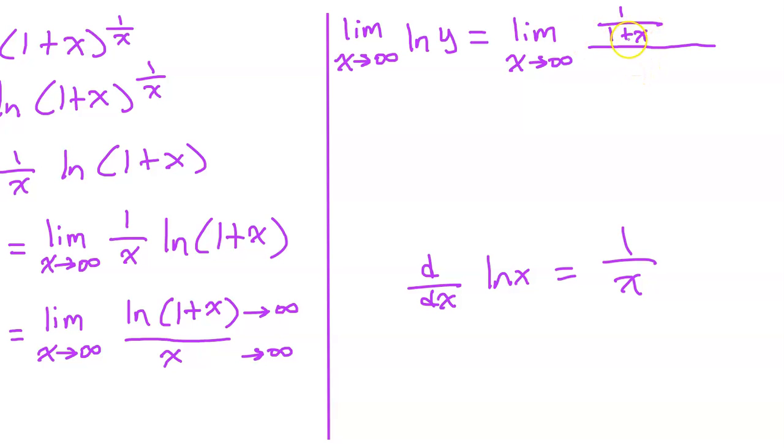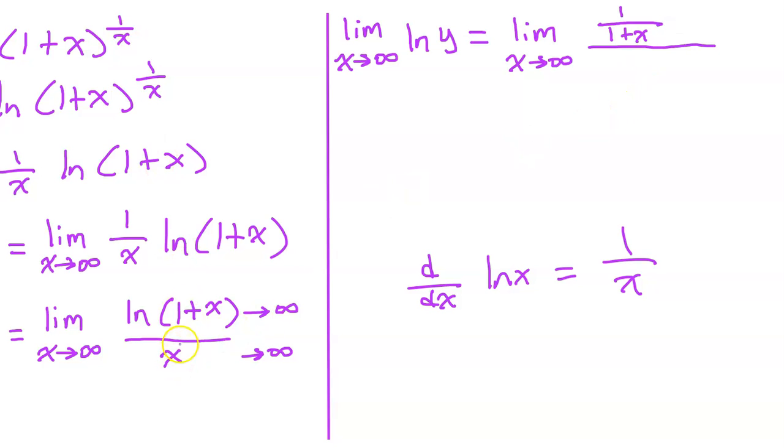Because we have a function inside of a function, I need to multiply by the derivative of this inner function, but the derivative of 1 is 0, and the derivative of x is 1. So I don't really need to show multiplication by 1, so I'm just going to erase that.